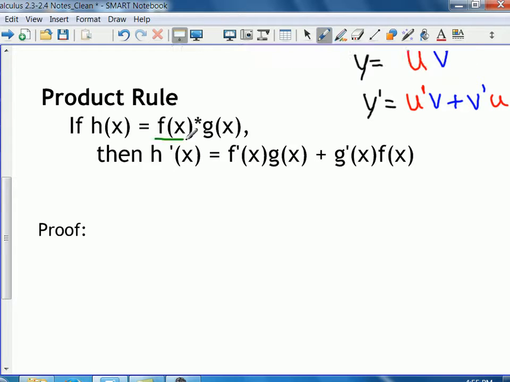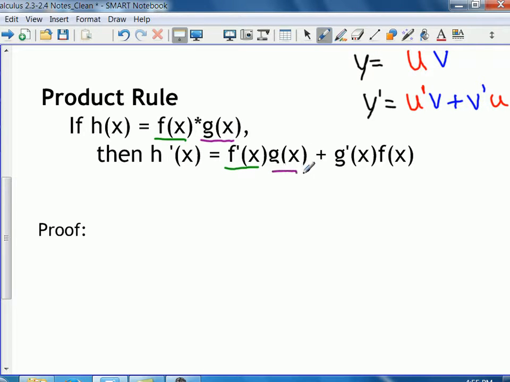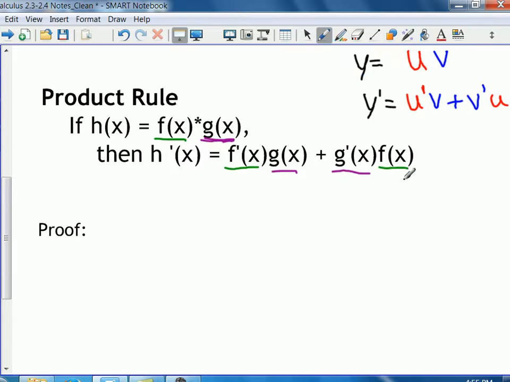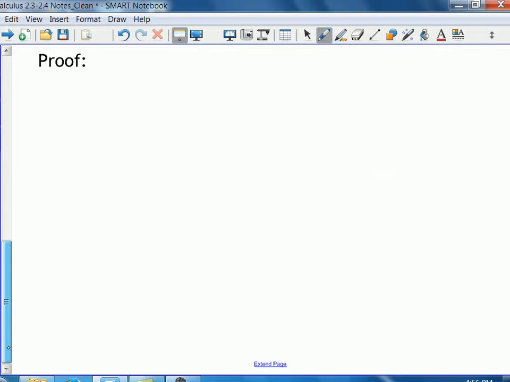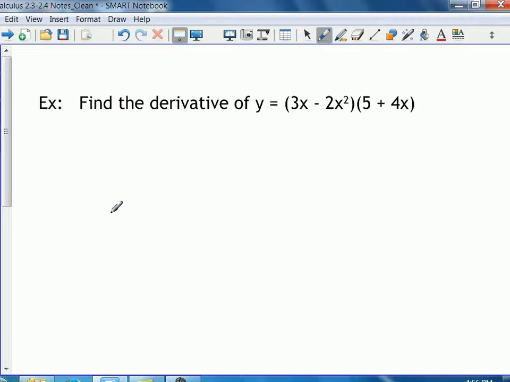So we have the derivative of the first times the second thing, and then it's the derivative of the second thing times the first. So that's kind of the official way of doing it. The proof is not via video, so we're not going to do the proof now. You lucked out.